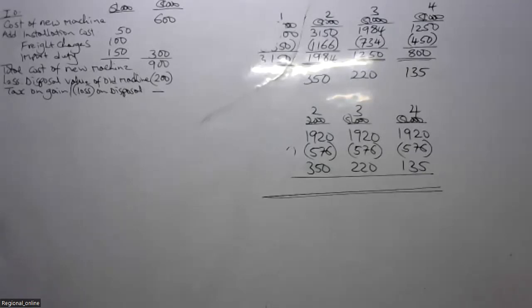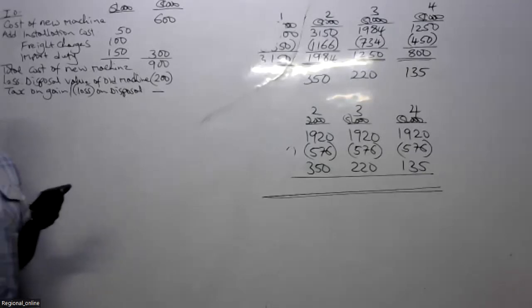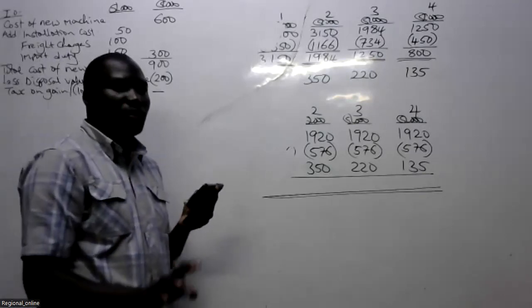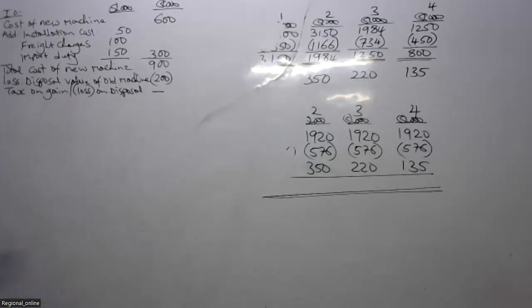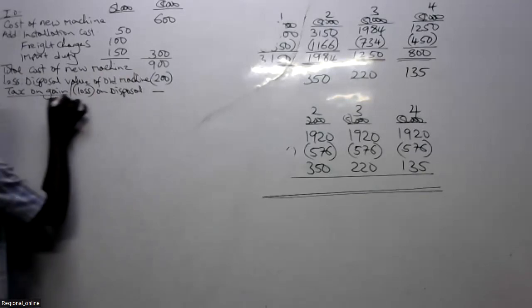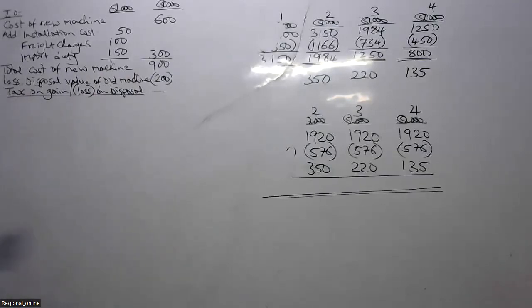Because of note number 4, take a dash. But because we are in class and we are learning these things, let us learn otherwise. What if note number 4 did not exist? I'm doing this because we are in class, but in examination scenario, you don't need this working because the examiner has made life easier. The tax exempt.